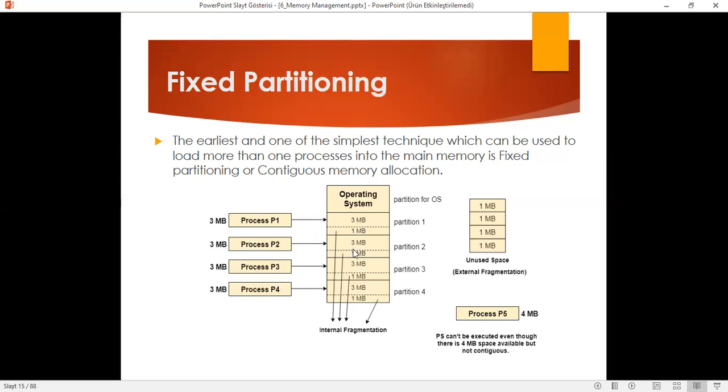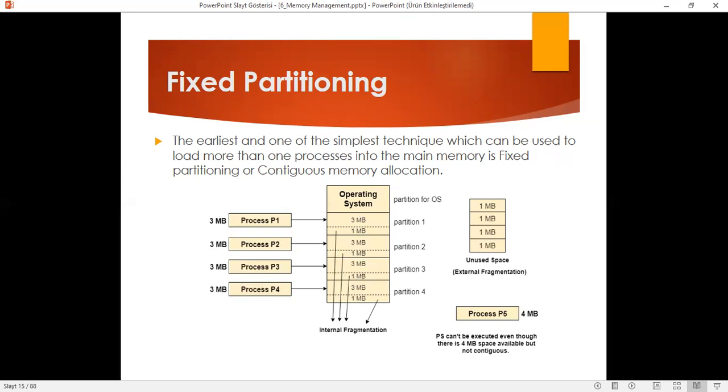It is just arranging a fixed partition. In the example, if the processes are 3 megabytes each, in this case there is 1 megabyte of space for each of them. So these are actually wasted parts because of the partition. We can't put anything else here.